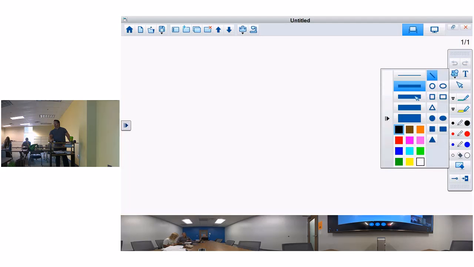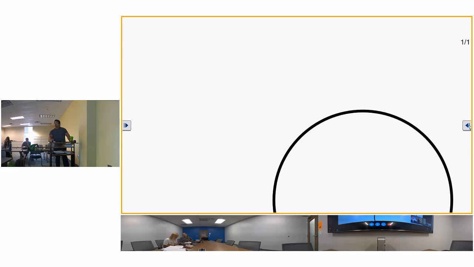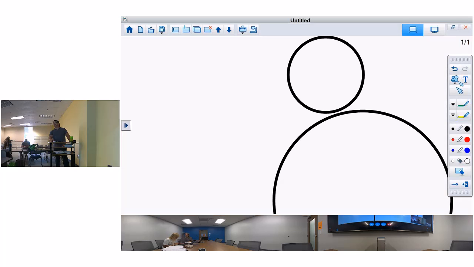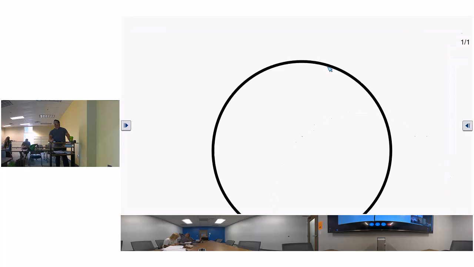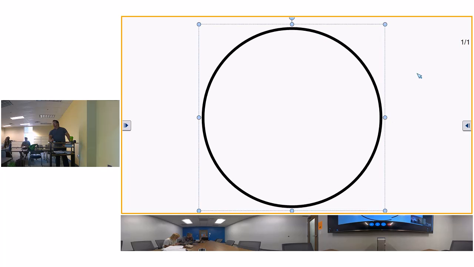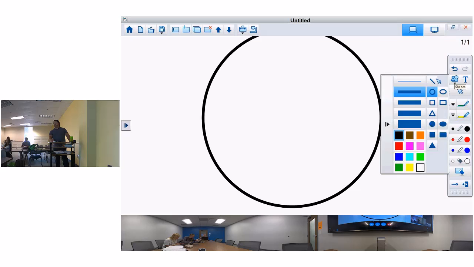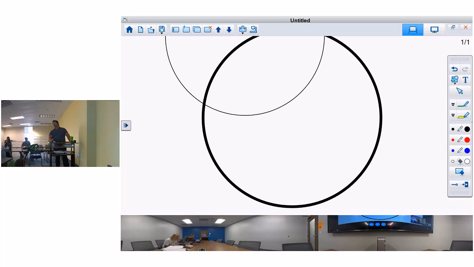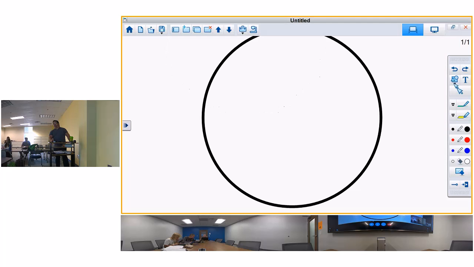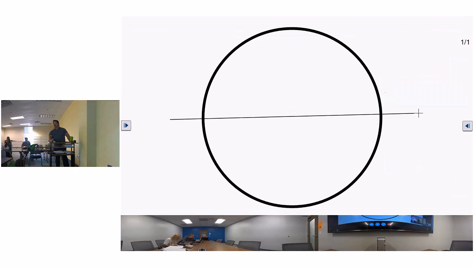Take your handy dandy circle maker and make a circle. Oh my gosh, I suck. Frosty snowman. There we go. And we take our handy dandy line maker. Now, of course, you can do this however you want to. You could go to Google, search the unit circle, and copy it.